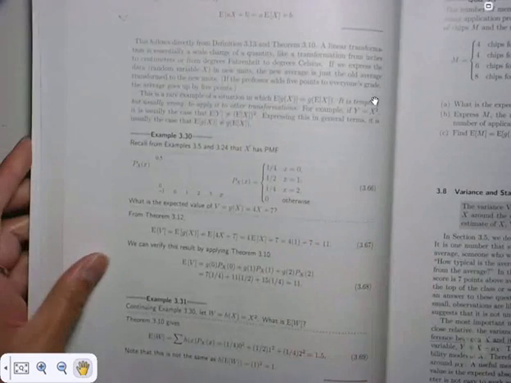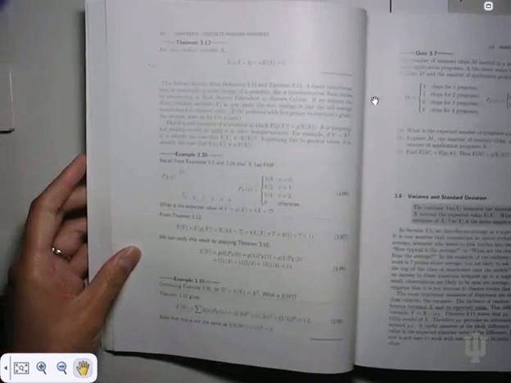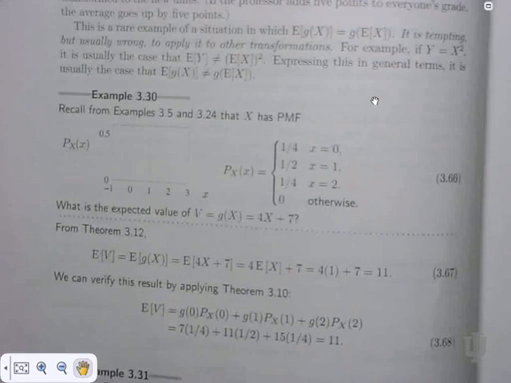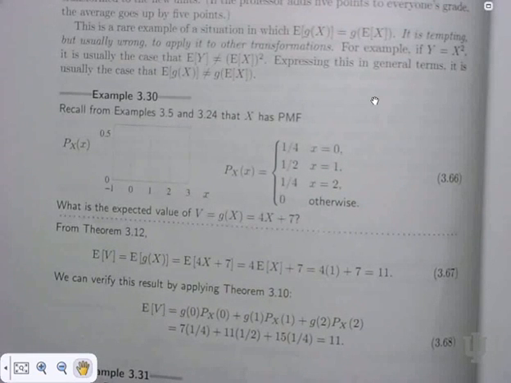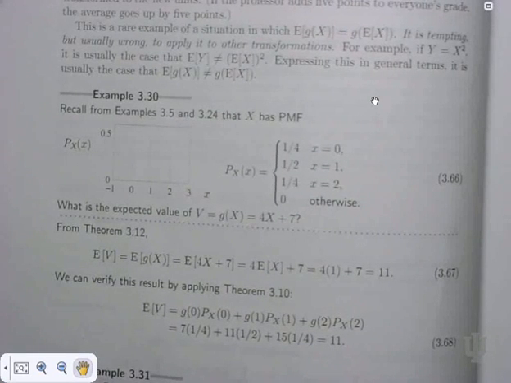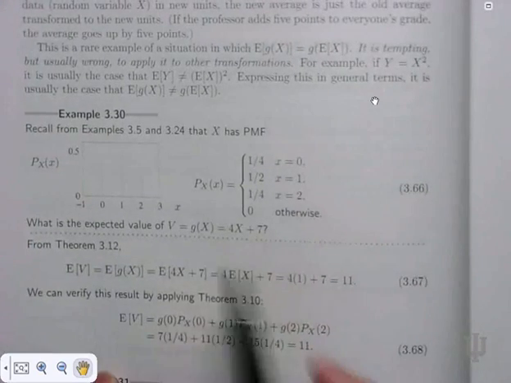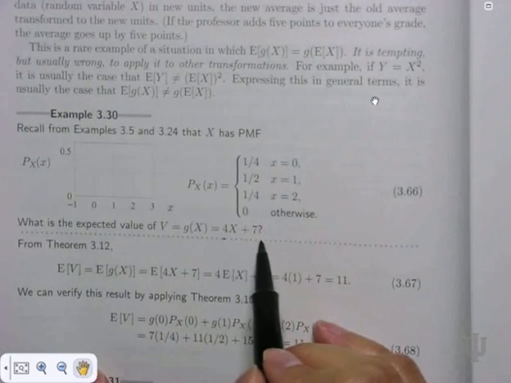Here's the example. You know the probability mass function of x. What's the expected value of 4x plus 7?